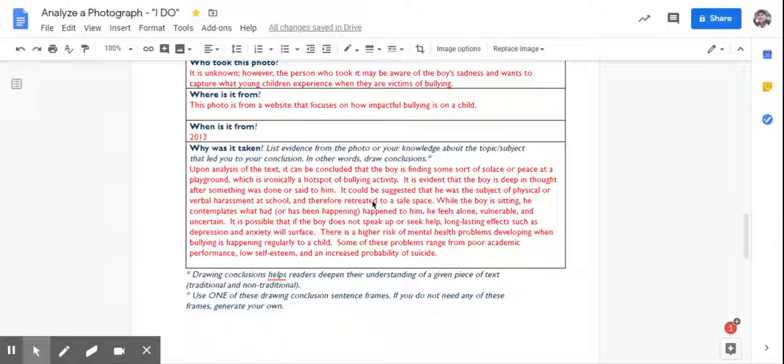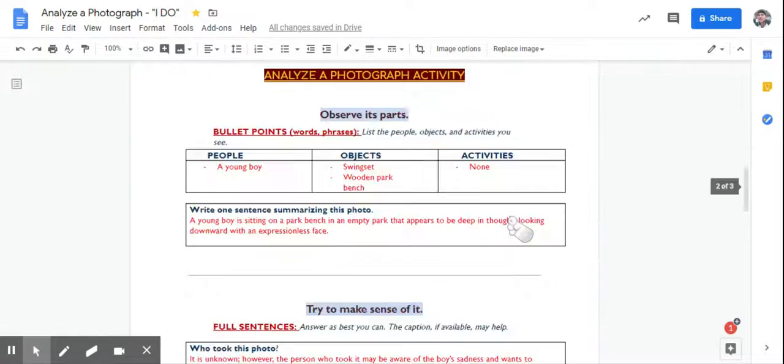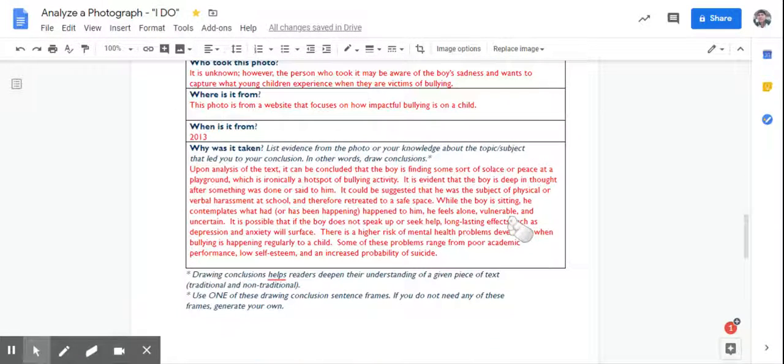What conclusion is drawn from this photograph, right? I didn't specifically and directly state why the photographer decided to focus in on this young boy here, right? But I think I alluded to that within my analysis.